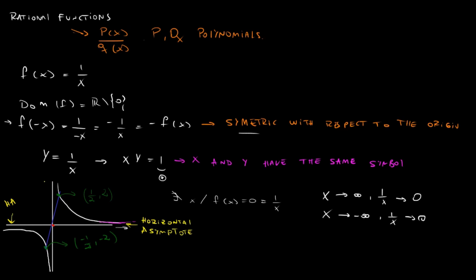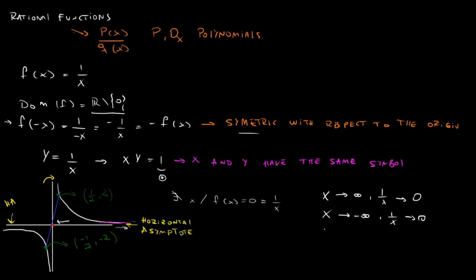And what about this section of the plot? Well, in this case, x is trying to go to 0. We said that the domain of f was defined for all x except 0.